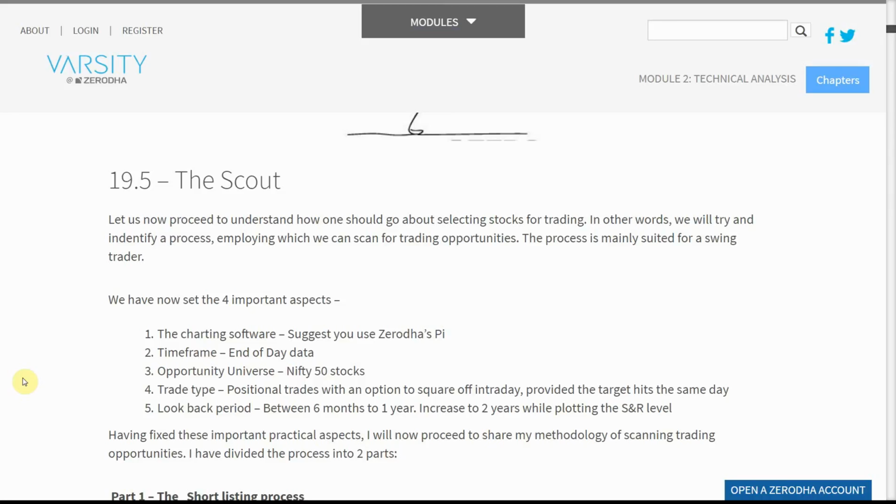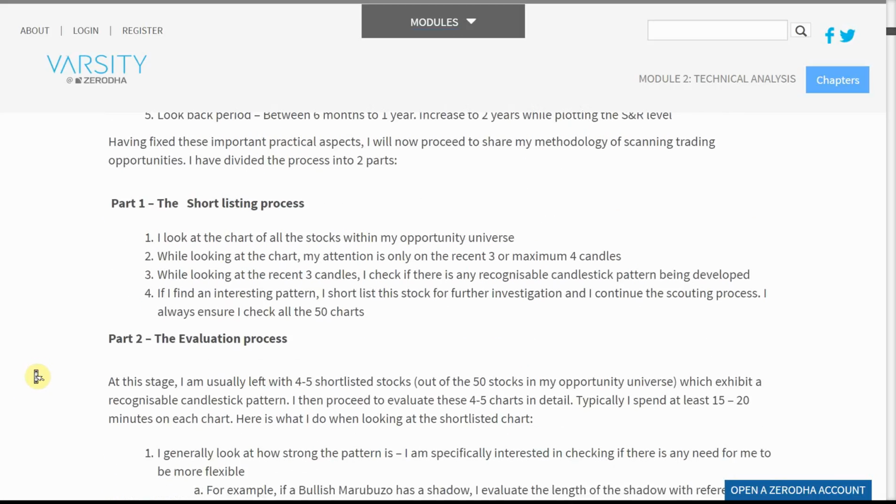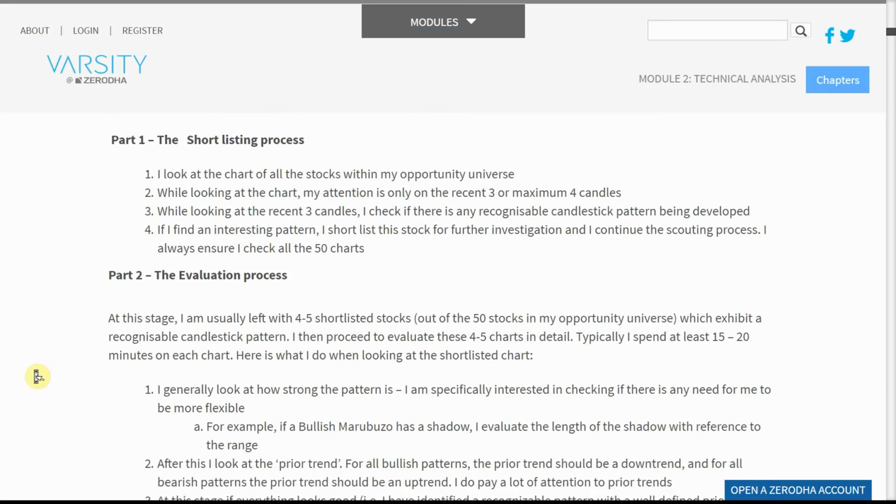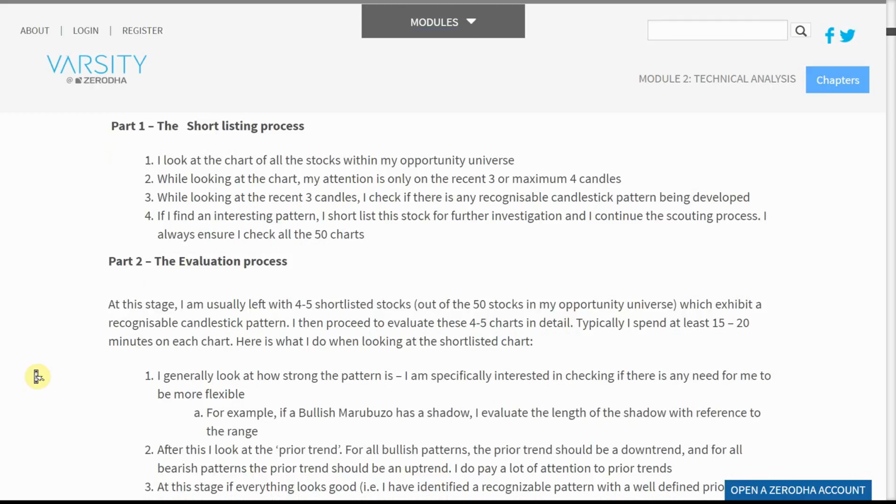Having fixed these important practical aspects, I will now proceed to share my methodology of scanning trading opportunities. I have divided the process into 2 parts. Part 1, the shortlisting process. I look at the chart of all the stocks within my opportunity universe.